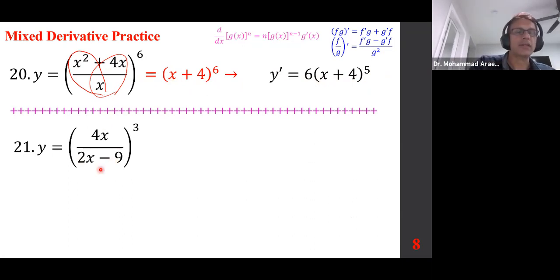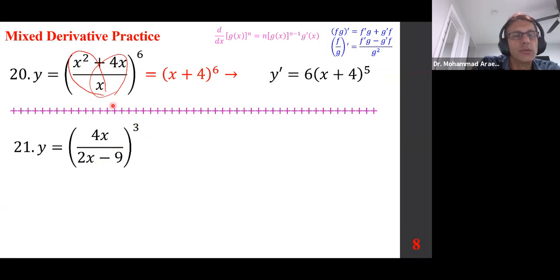Can I simplify that? That is the question you should always ask. The answer is no. So let's go with the extended power. So 3 sits in front. Same thing to the power of 2. Now g prime of x now requires the quotient rule. So that's why it's a combination of the chain rule or the extended power rule with the quotient rule.